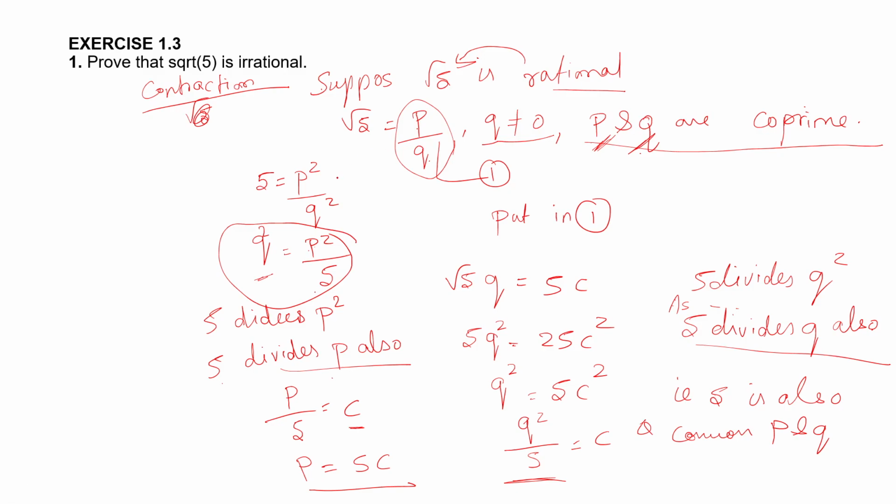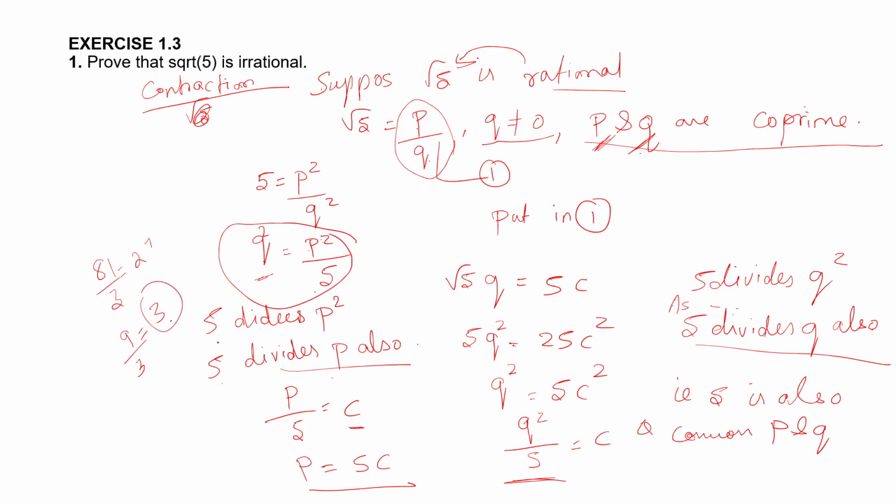So now we are squaring this and finding 5 divides p square. p square by 5 is some integer value, so it means 5 divides this. Okay, so 5 divides p square. As per the theorem, 5 divides p also. See here, if you are dividing 81 by 3, you will get 27, and if we are dividing 9 by 3, you will get some other number, no?